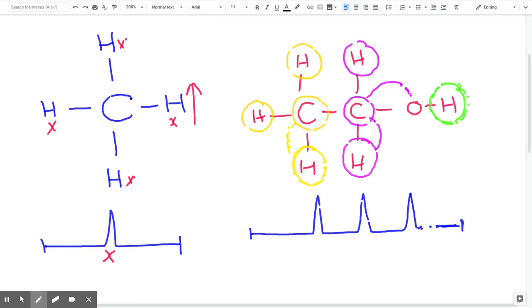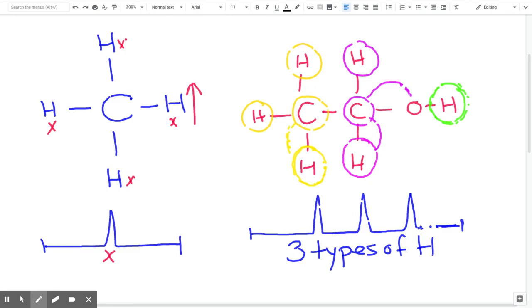This is a purely simplistic spectrum to indicate the presence of 3 different types of protons. That is all I'm saying on this one. There are 3 types of hydrogen. I'm not going to assign any of the peaks to a specific proton at this stage.